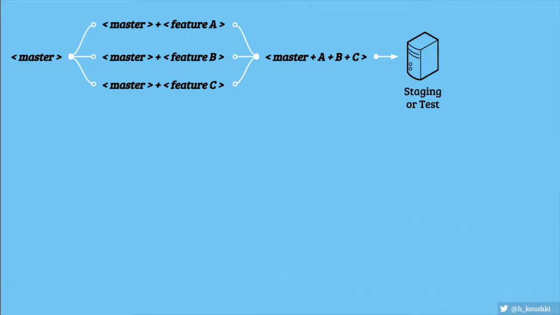Probably you have a test server before that, or a pre-release server after staging. But let's keep it as simple as possible. And then when everybody is happy with that, QA, product owner, developer, manager, then probably once or twice per sprint, you have a release, right?